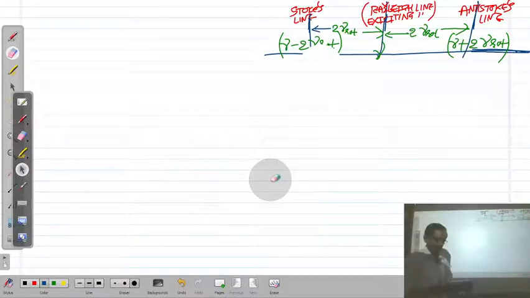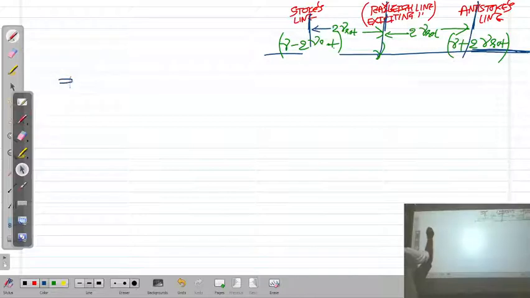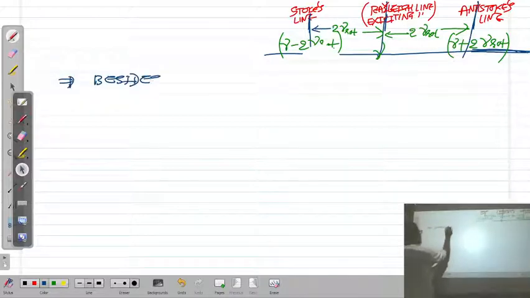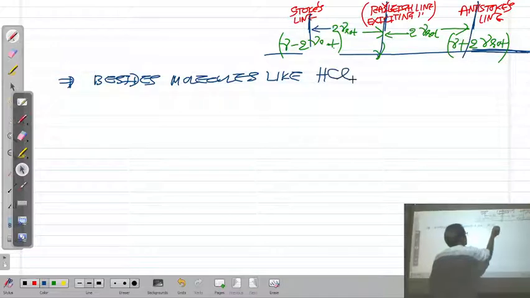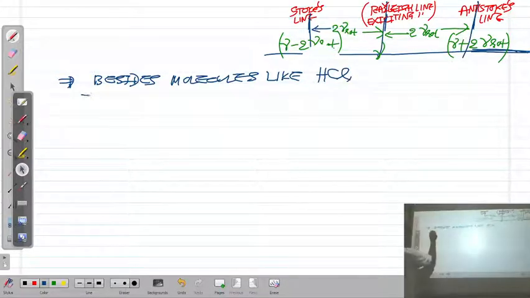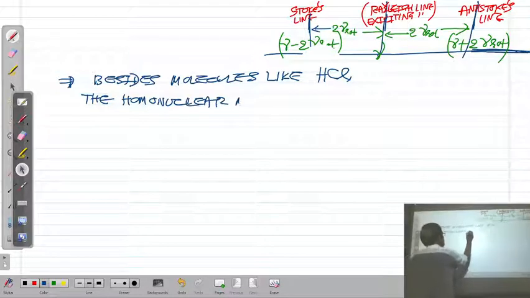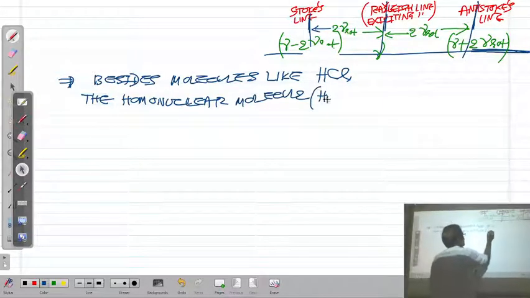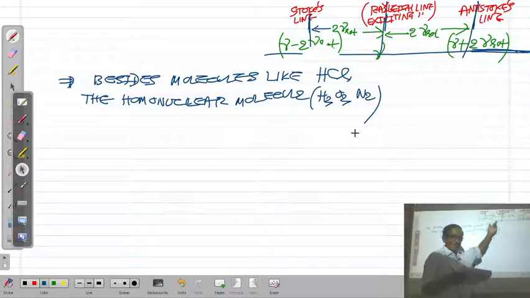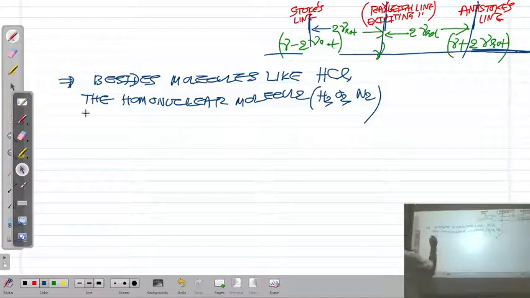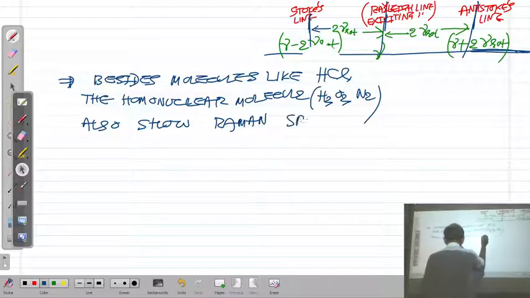Finally, we also mention that besides heteronuclear molecules like HCl, homonuclear molecules like H2, O2, N2 also show Raman spectra.